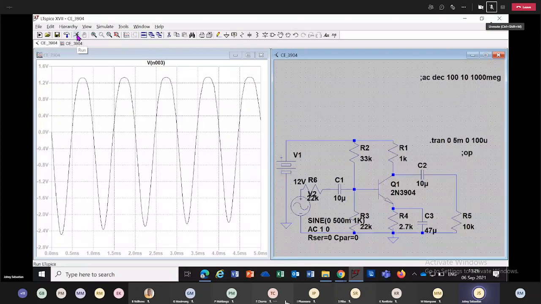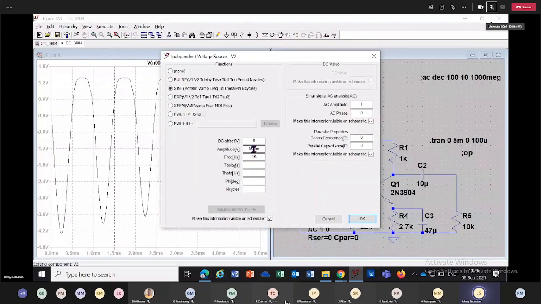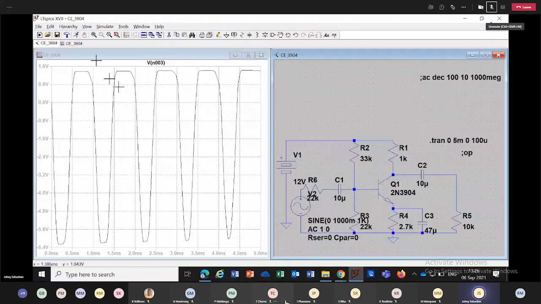I'm going to simulate. You can see the positive side is more and more flattening. If you increase your input signal much bigger, like 1000 milli, that is 1 volt, you will see a very heavy amount of clipping on the positive going side. You can see that now. Positive side is almost looking like a square wave.